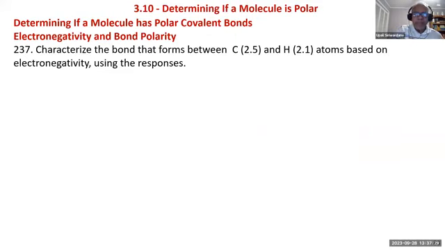Characterize the bond that forms between carbon, 2.5, and hydrogen. The electronegativity difference is 0.4. 0.4 is less than 0.5.